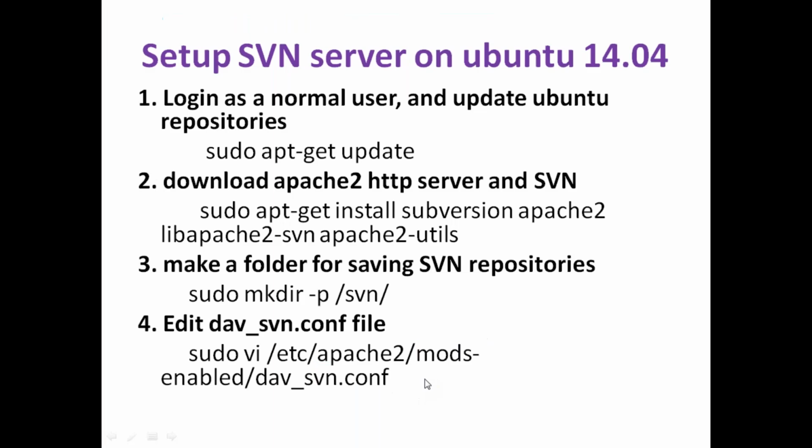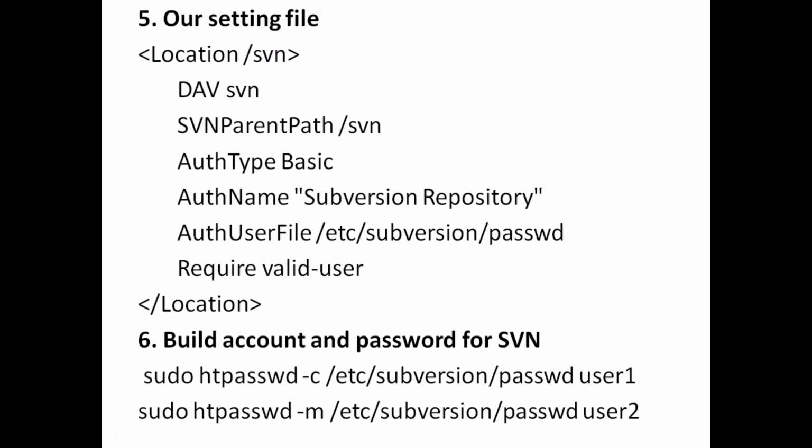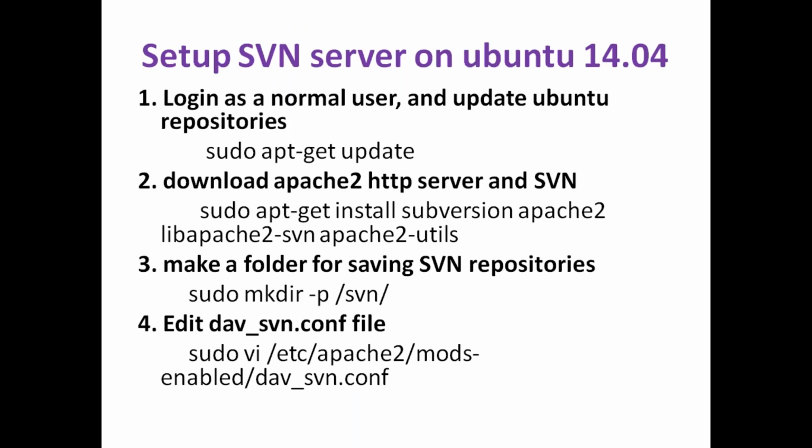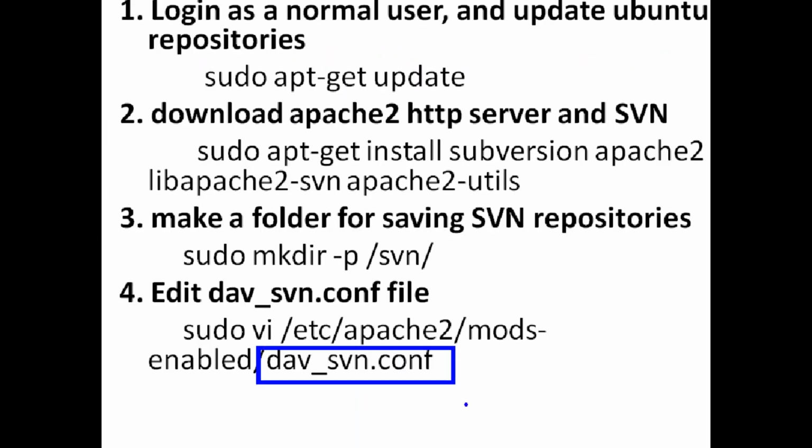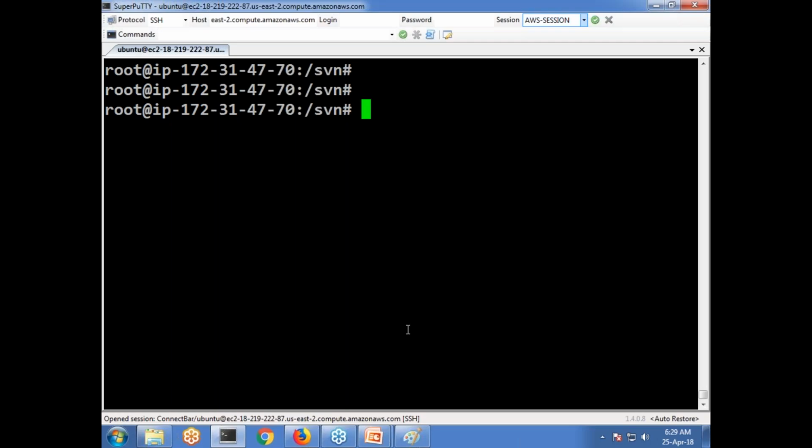Here we have a file called dav_svn.conf. What file is it? It's a configuration file. Here we will specify the repository, who can access it, and their credentials, their user IDs and passwords. We have to provide all these details in the file dav_svn.conf.